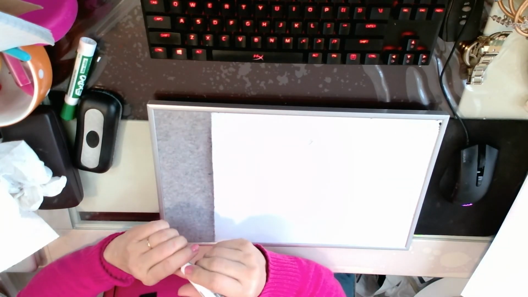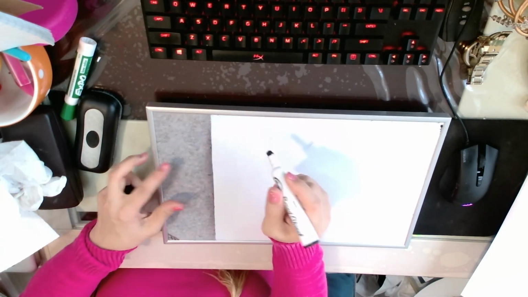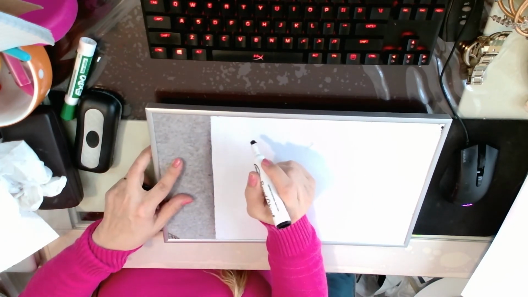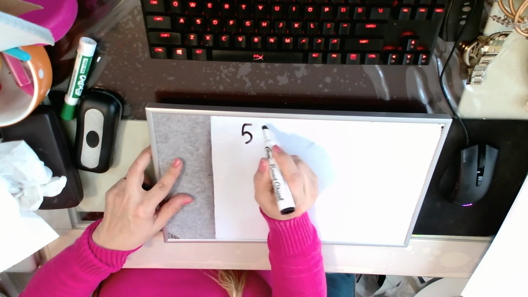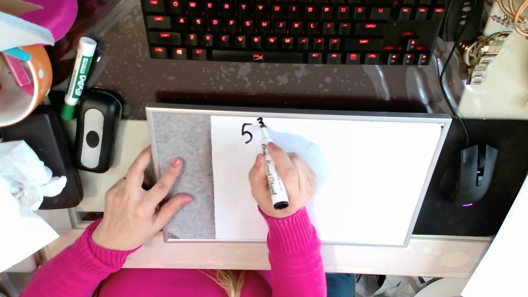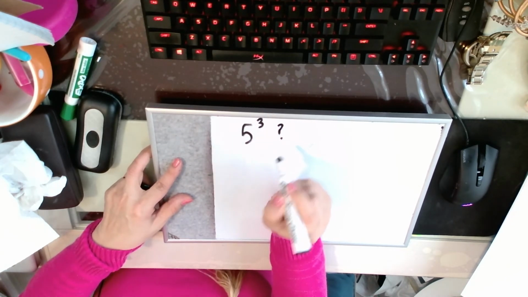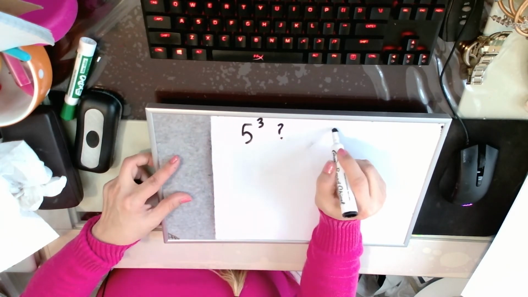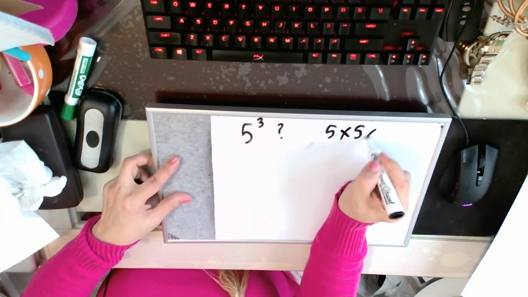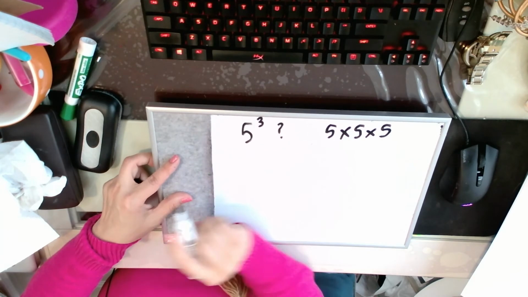Okay, understand exponent notation. Which is equivalent to 5 to the power 3, where the exponent is 3? So you know that is 5 times 5 times 5, 3 times.